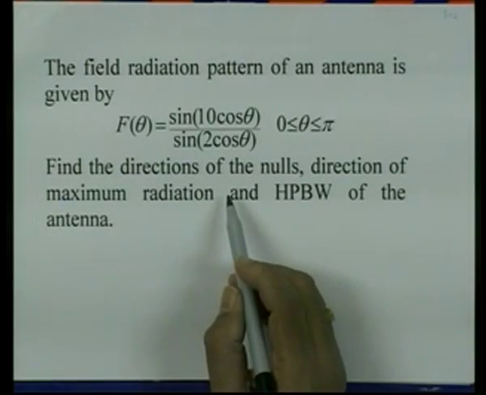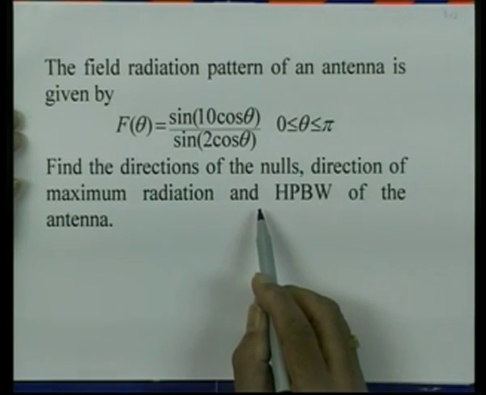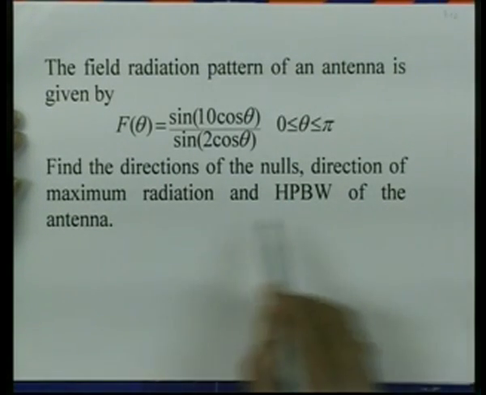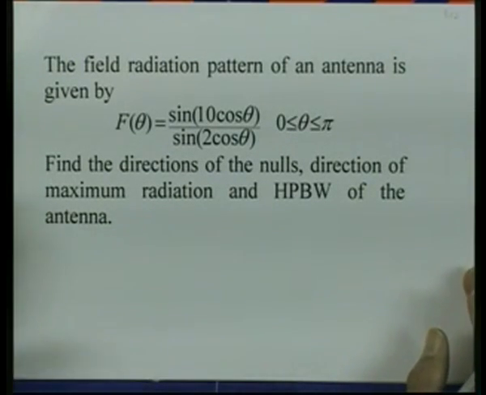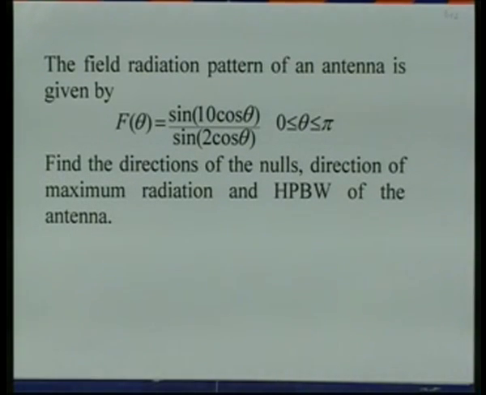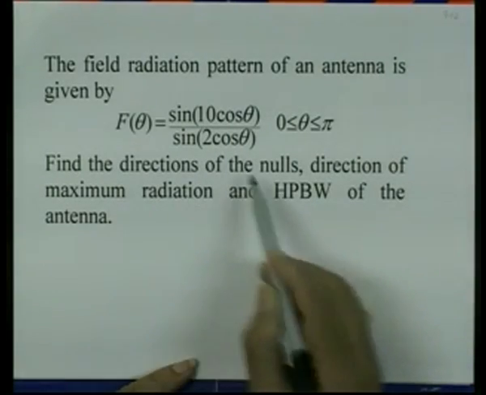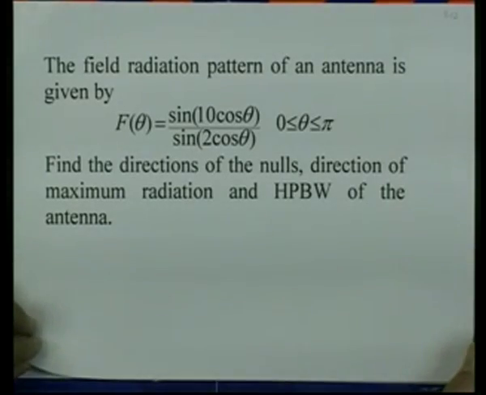Find the directions of the null, the direction of the maximum radiation, and also the half power beam width of the antenna. Without specifying what kind of antenna this is, essentially the radiation pattern has been given directly, and we have to find the directions of the nulls, the direction of maximum radiation, and the half power beam width.